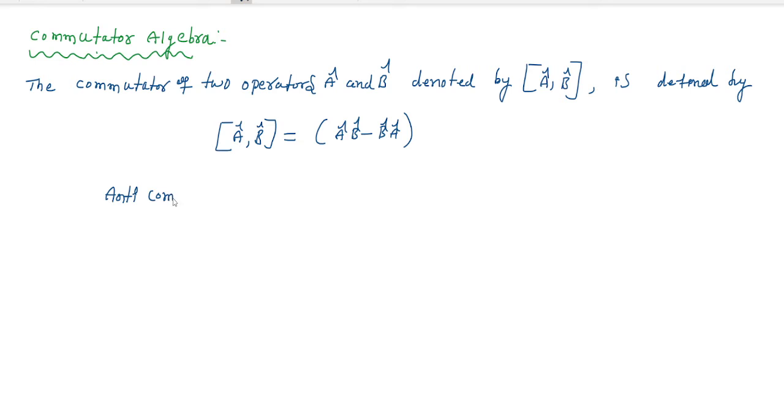Anti-commutator of A and B, A comma B in square brackets, here I'm using plus, this means anti-commutator, equal to AB plus BA.